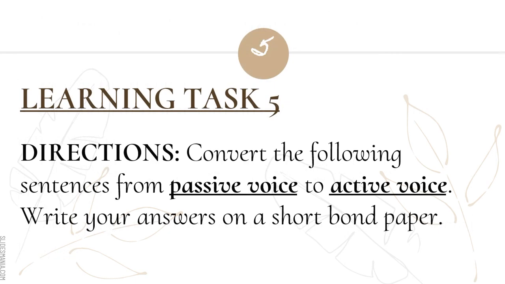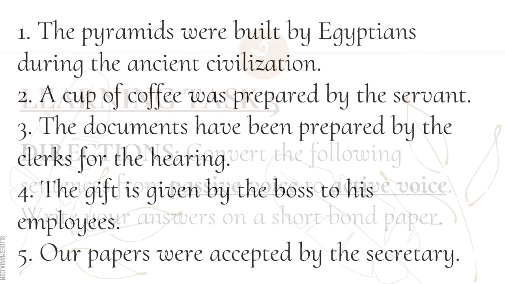So after answering that, you need to do the opposite in learning task number 5. So these sentences are in passive voice. You have to convert it into active voice. So this learning task is the opposite task for task number 4.